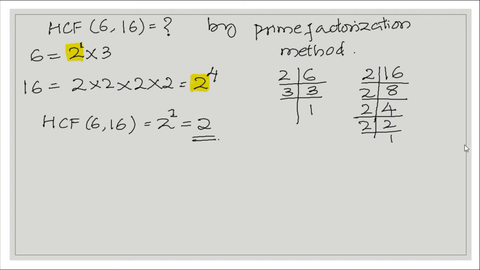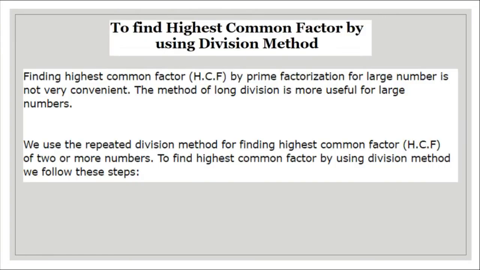There is yet another method to find the highest common factor. That method is considered to be the easier one. Let's see what that method is all about. The name of the method is the division method.